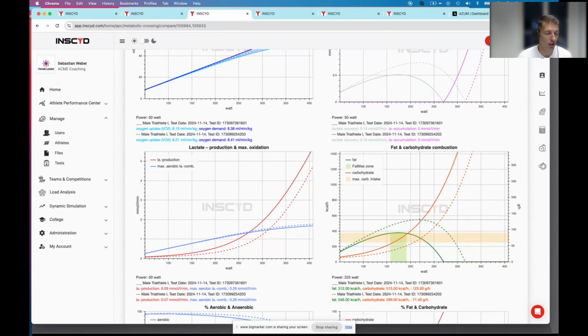We're talking about here a FatMax of 220 watts with about 550 kilocalories. You can read from below the graph. And before it was 50 watts less and only 380 kilocalories. So again, if you're not familiar with that, this shows you the magnitude of change, the importance, for example, of decreasing VLamax for endurance capacity.